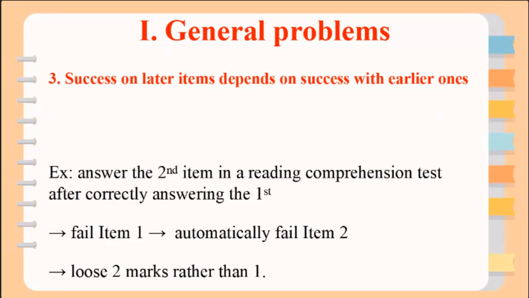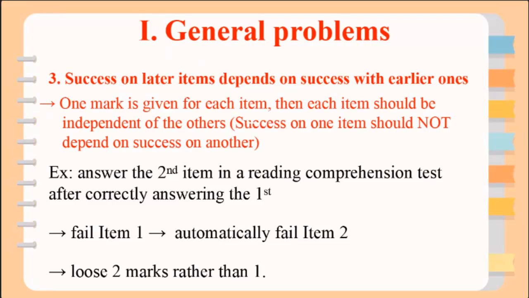So the answer of question number 2 somehow relates to the answer of question number 1. If you get number 1 wrong, then you will lose all. So the general problem here is that the success of the answer depends on the earlier items. So we need to avoid this.